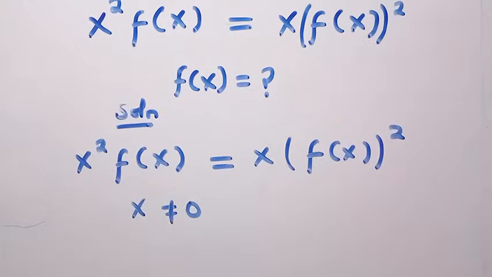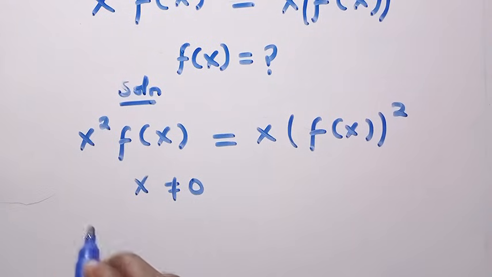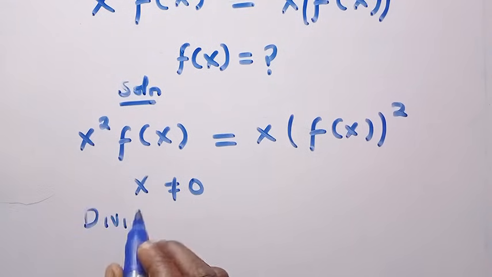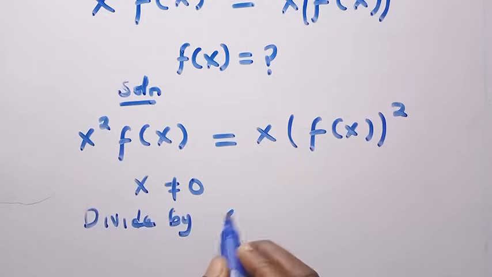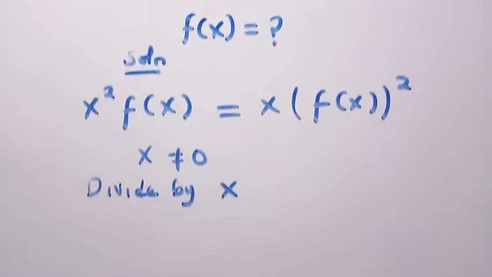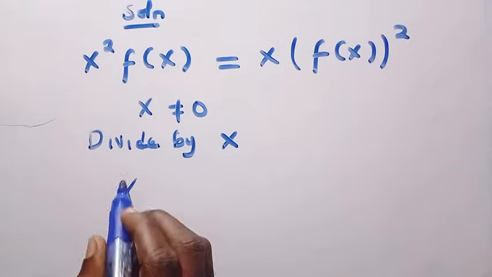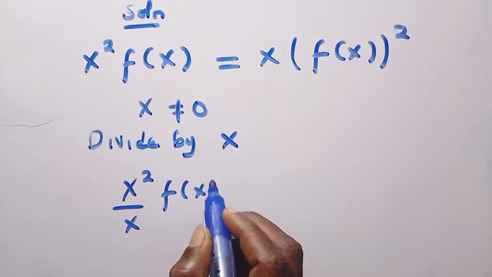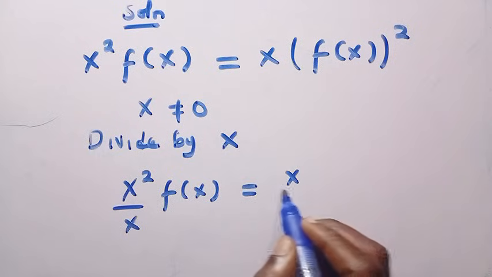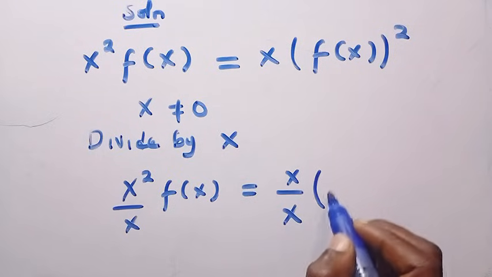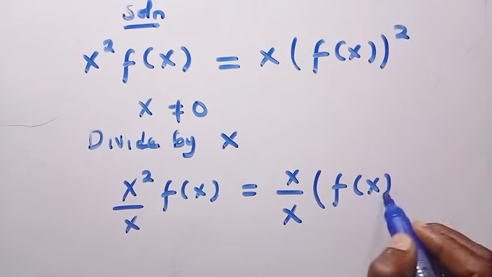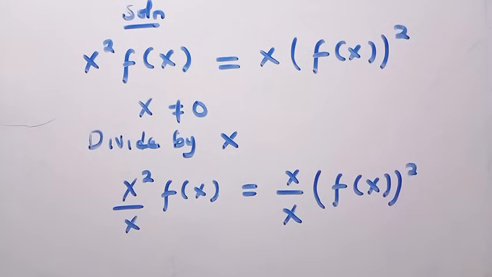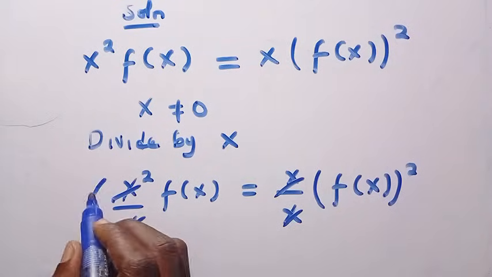If x is not equal to 0, then if we divide by x, we are going to have x squared divided by x, f of x equals x divided by x multiplied by f of x all squared. x cancelled x, and here x is 1 and x cancelled here, we have x.